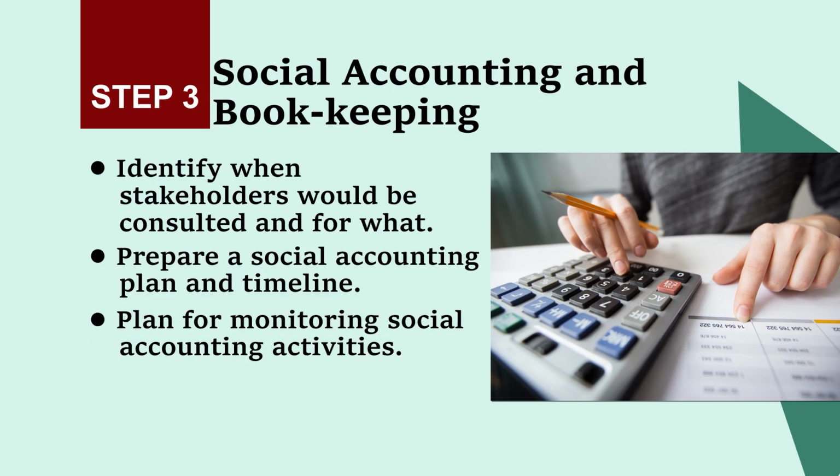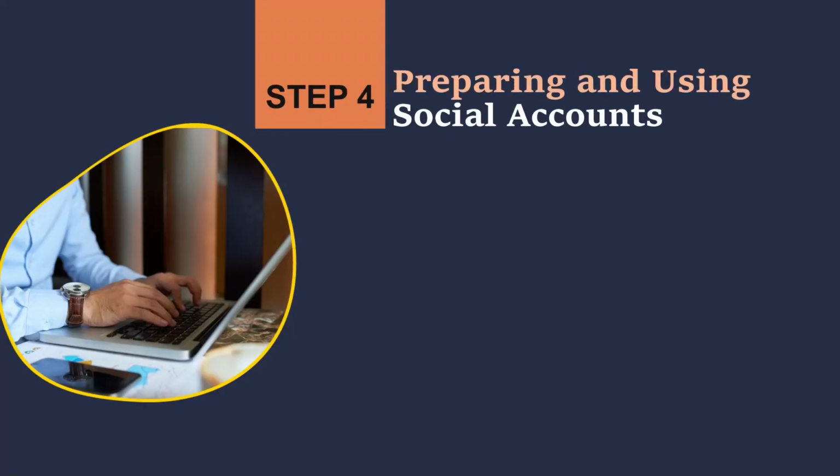accounting activities. So far I have explained the significant 3 steps as far as the social auditing process is concerned. Once we have completed the process till step 3, now we are entering into step 4. The step 4 we call preparing and using social accounts.